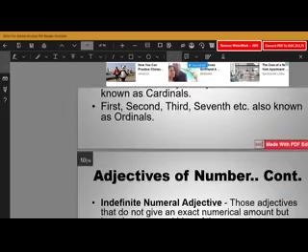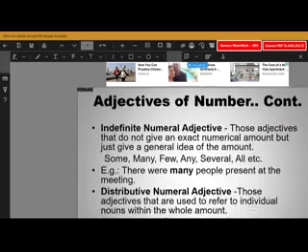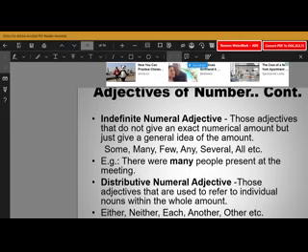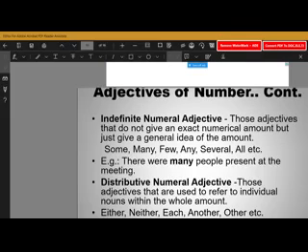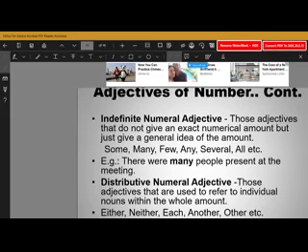Now, let's move on to the next slide where it is written that adjectives of number continue. So here, indefinite numerals. First you read definite numerals, now there is indefinite numeral. The word indefinite suggests something uncertain, not clearly stated.